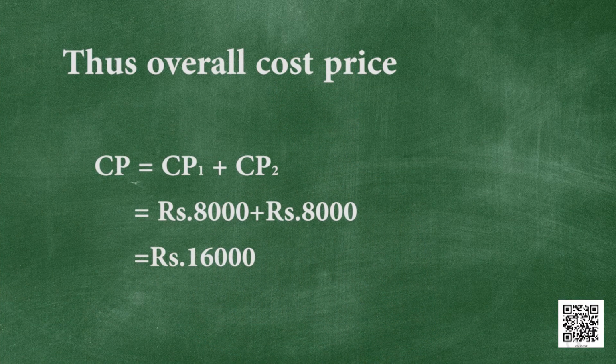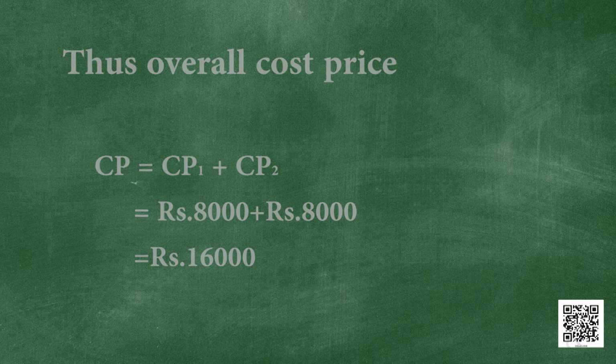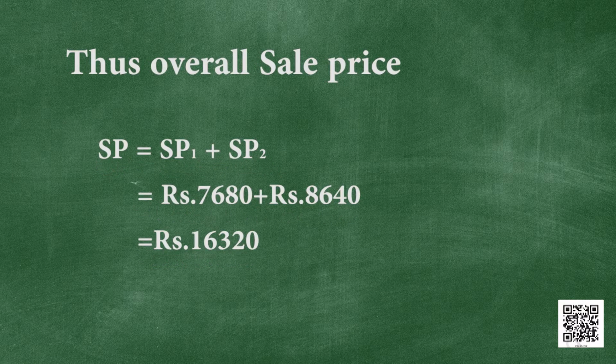Overall cost price is given by CP is equal to CP1 plus CP2, which is equal to rupees 8,000 plus rupees 8,000. So, on summing these two, we get it as rupees 16,000. And now let us look at the overall sale price, that is given by SP is equal to SP1 plus SP2.